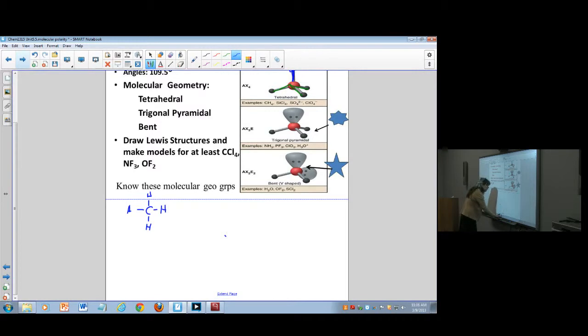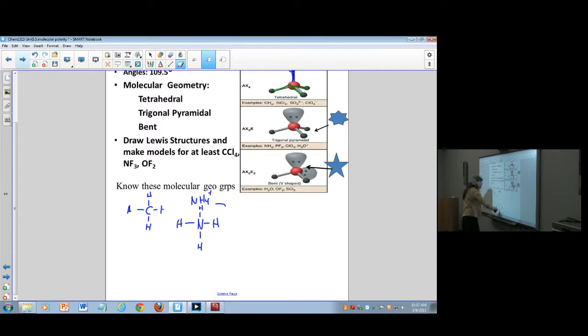But what I want to point out is another structure just like that, and that's NH4+. I want to make a point here about that. It's still the same geometry. It's still going to have 4 hydrogen bonds. It's still tetrahedral. But NH4+ is ammonium, and it's a charged ion. But guess what?